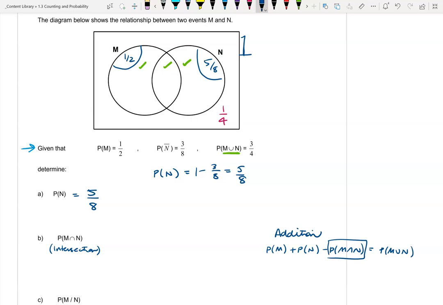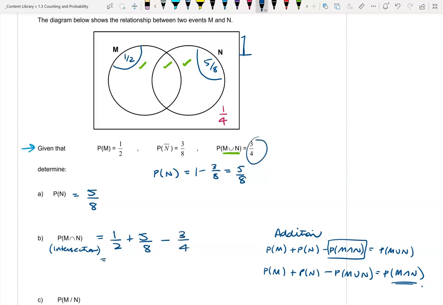So if we rearrange this little rule, the intersection would simply be the probability of M plus the probability of N, take the probability of M or N. So this is equal to 1/2 plus 5/8, and then we're going to take away that union, which we know is 3/4. So putting this all with a denominator of 8, 4/8 plus 5/8, take 6/8, and we're going to get 3/8. So that tells me the intersection is worth 3/8.